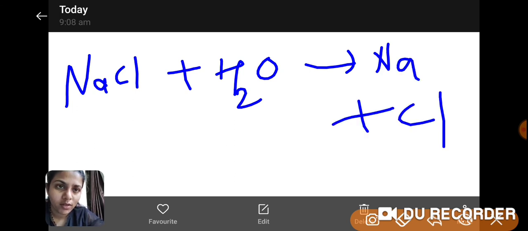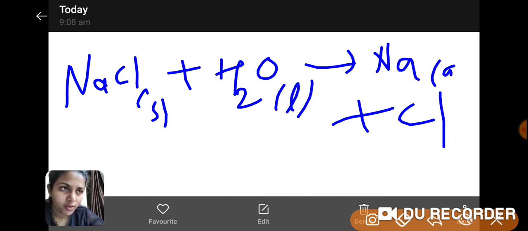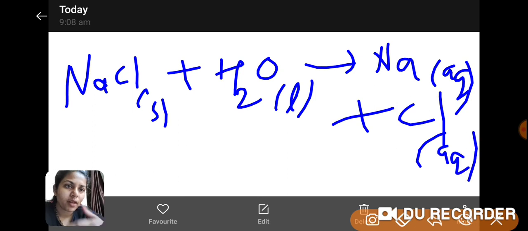So NaCl is a solid salt, water is liquid L, Na is aqueous solution, and chlorine is aqueous solution. So we write like this.